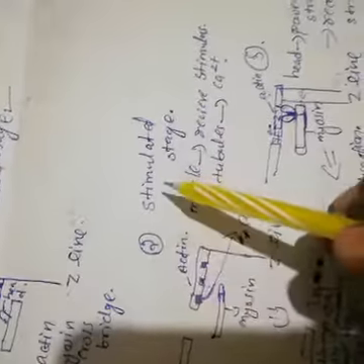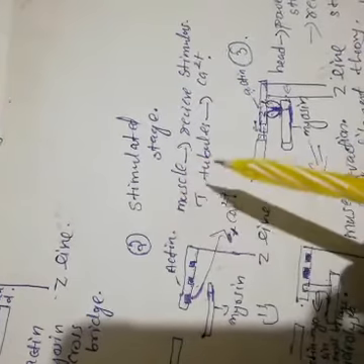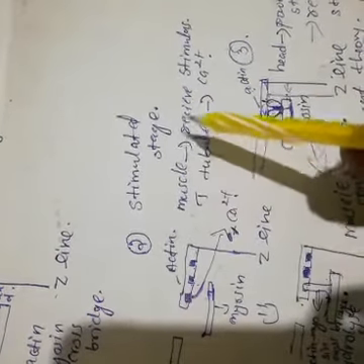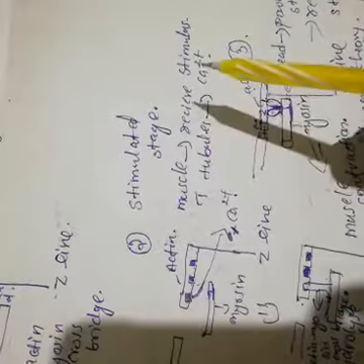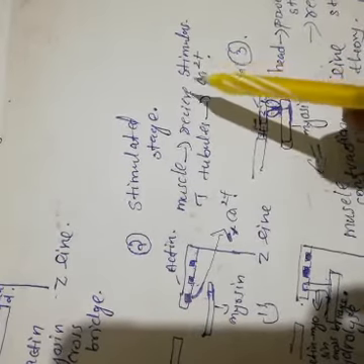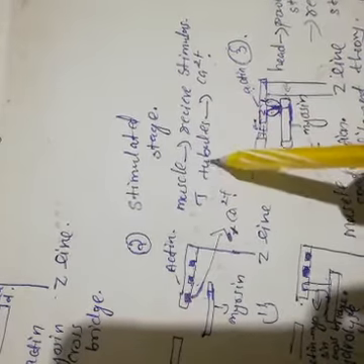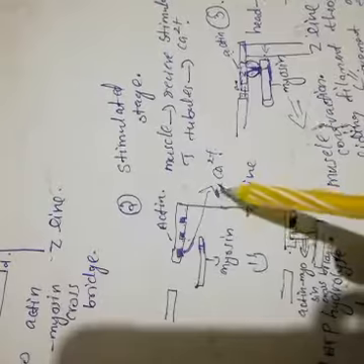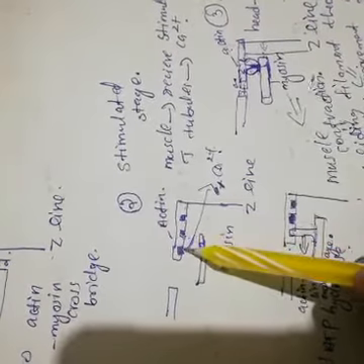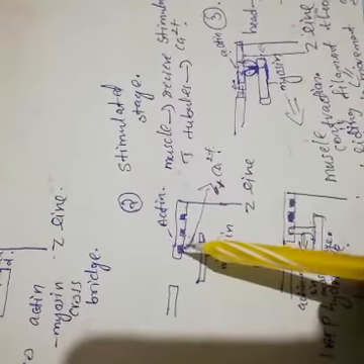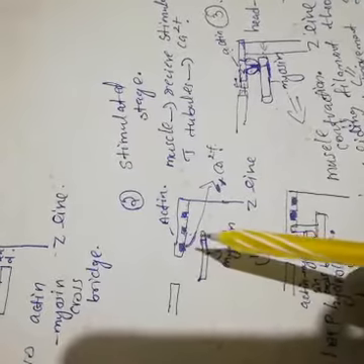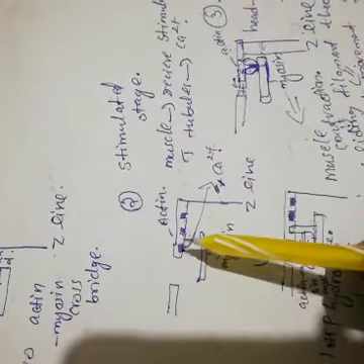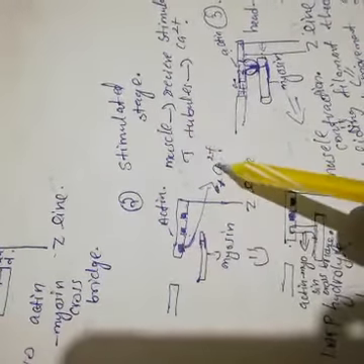Then the next one is the stimulated stage. During the stimulated stage, the muscle fiber will receive a stimulus. Due to this, the T tubules will release calcium ions, and this calcium ion will combine with the troponin present in the active site of actin, because troponin has higher affinity towards calcium.